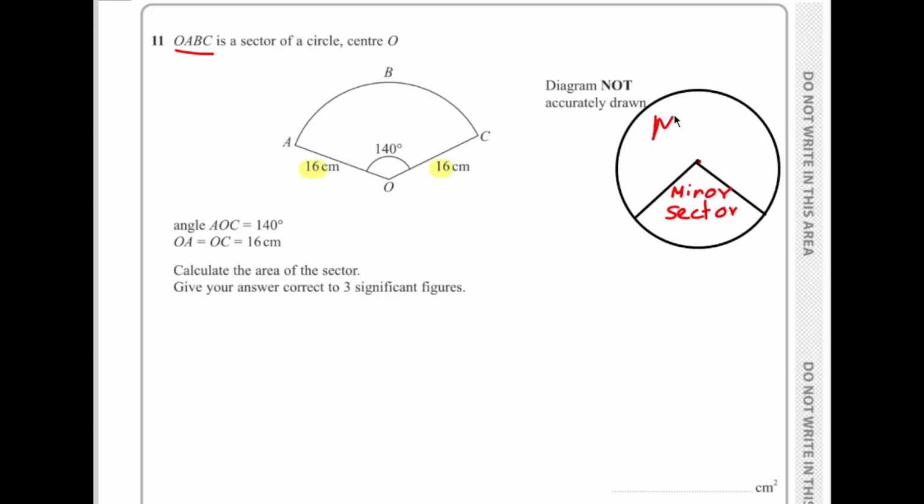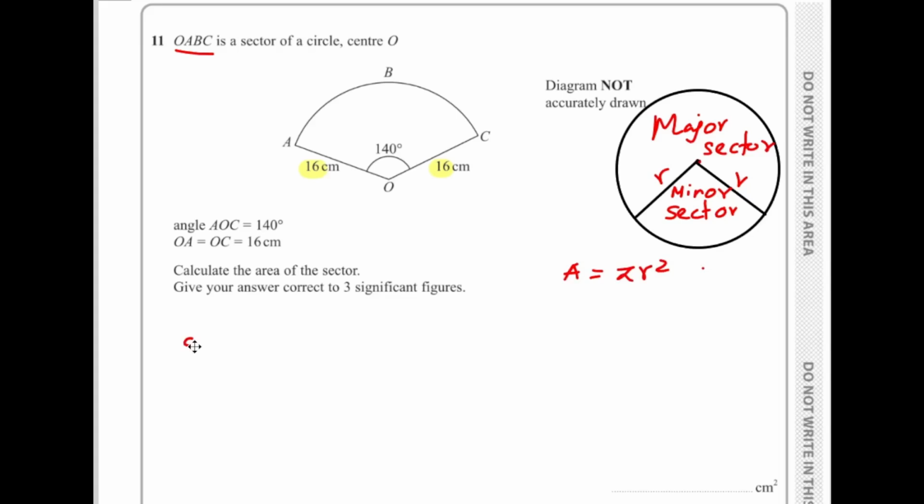This is a major sector. That's how we are getting a sector. Then we know that this is radius, this is radius. So if we want to get the sector area, first think about how to get the area of the circle. Area of the circle equals pi r squared.